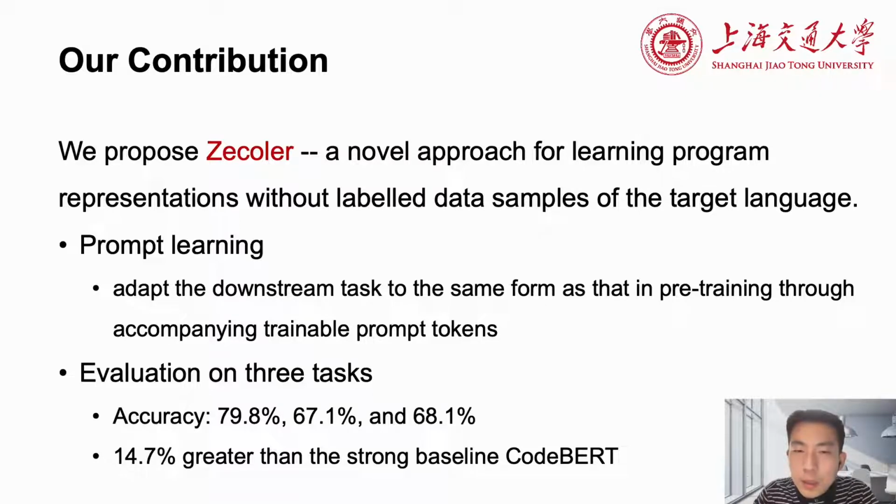In this way, the model can be adapted to the target language while maximizing the use of prior knowledge learned during the pre-training phase. Hence, prompt learning allows few-shot or even zero-shot learning for pre-trained models in new languages with unlabeled data. We conduct extensive experiments on 3 code intelligence tasks. Results show that our approach significantly outperforms the baseline models.